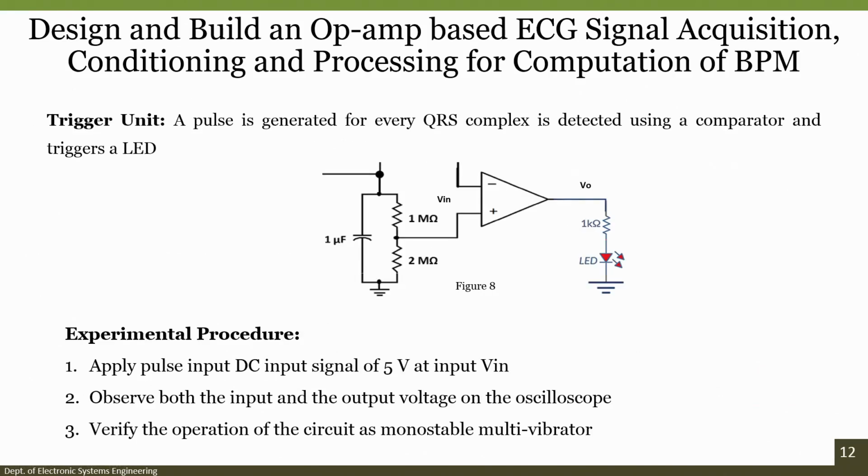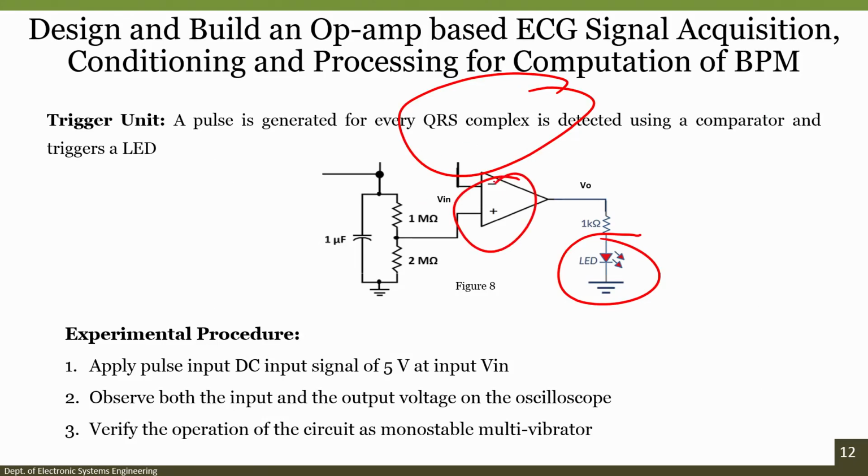Finally, understanding the trigger unit is very important, because the trigger unit is nothing but a pulse generated for every QRS complex, detected using the comparator, and it triggers the LED, which is right over here. Every time the QRS complex is detected, there is a comparator here, and whenever the output is high, the LED will glow.